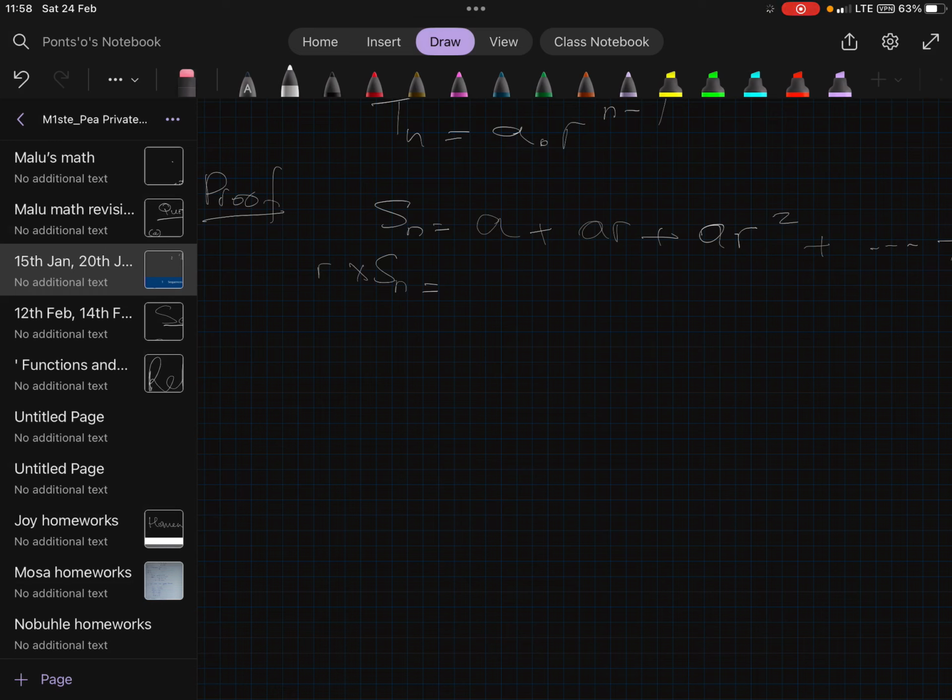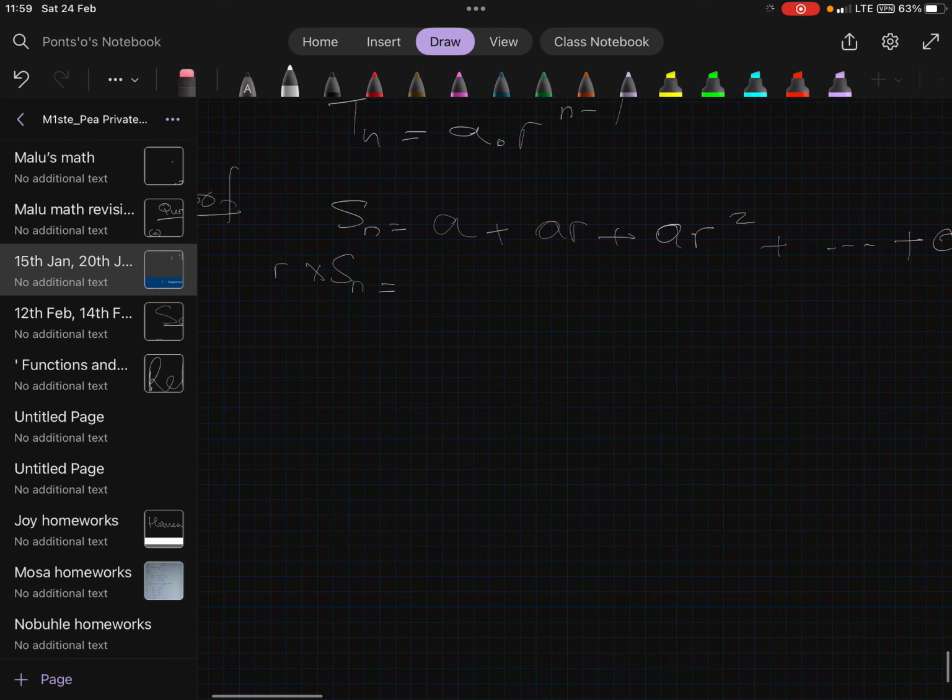Wait, Joy, what was our conclusion when we did this one? It was that we multiply the Sn with r, so the a automatically falls off because it's multiplied by r. Yes, okay, cool.